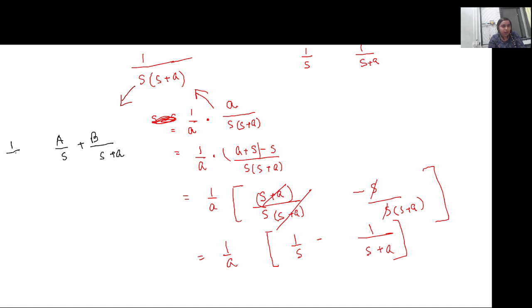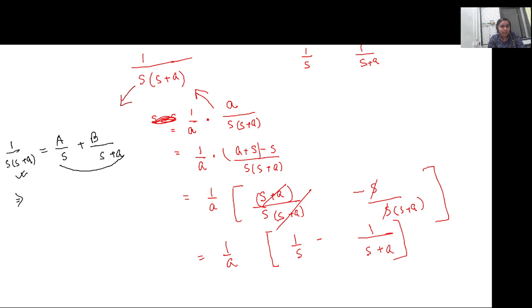So 1 by s into s plus a can be written in terms of a by s plus b by s plus a. You want to figure out how to write this in the form of this expression so that you can take inverse Laplace transform and convert it to time domain. So this equation you will solve for a and b.